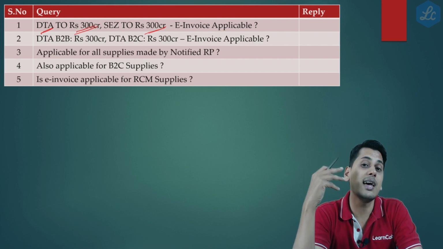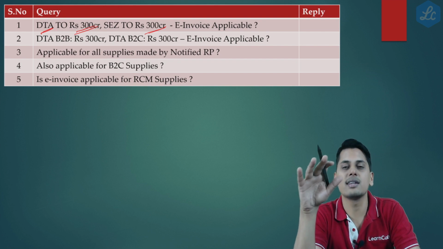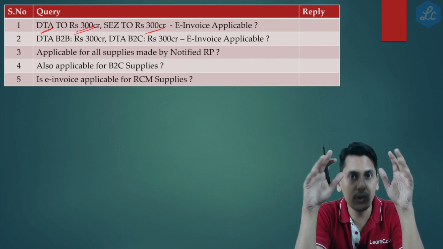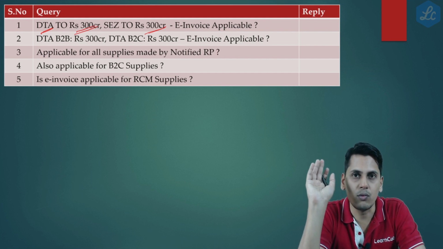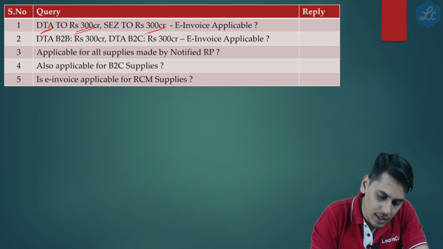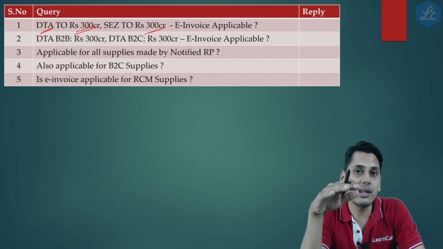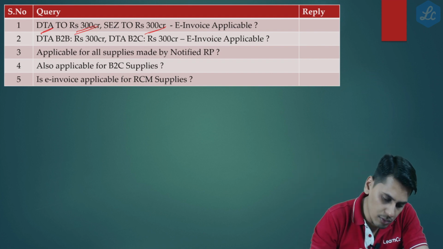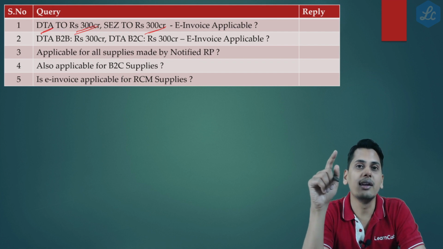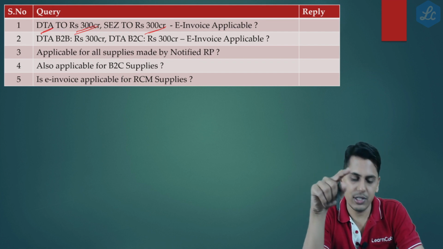However friends, is there any exclusions? The answer is yes, there is an exclusion. Special economic zone unit and those specified suppliers need not prepare an e-invoice. Now friends, in this case, this particular person's aggregate turnover is exceeding 500 crores. E-invoicing provisions are applicable. However, this person is having a unit in DTA and also a unit in special economic zone.